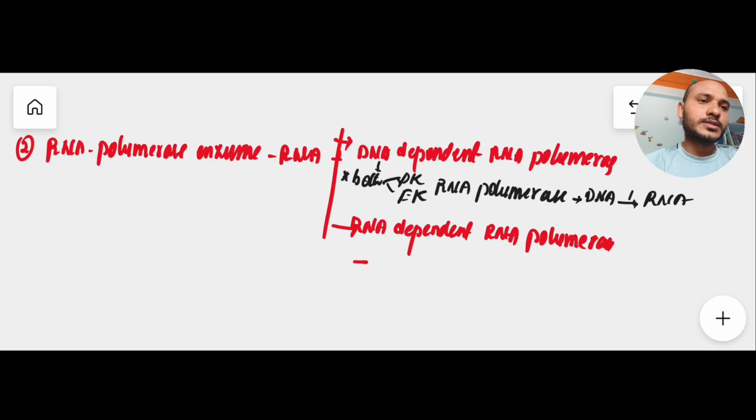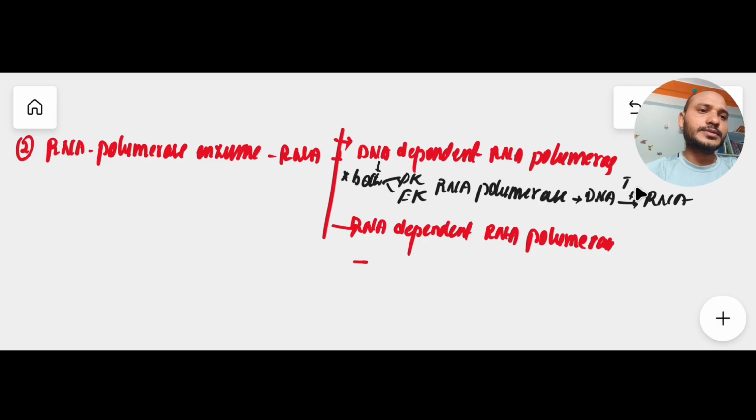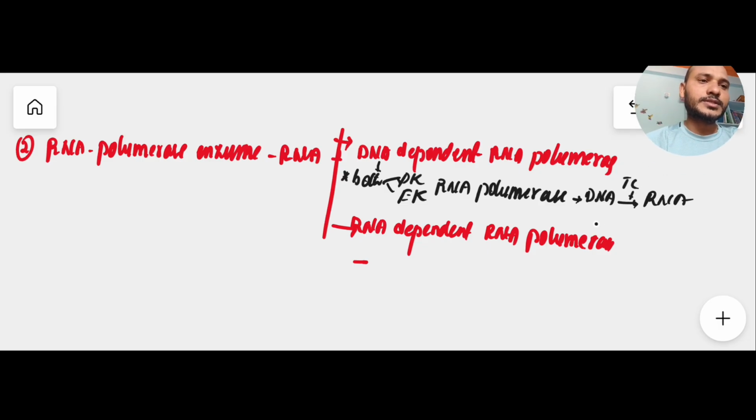So this is the transcription process. By the transcription process, the DNA undergoes transcription to synthesize RNA. Hence this DNA dependent RNA polymerase is also called transcriptase enzyme. So in the presence of transcriptase, there is a synthesis of RNA from the DNA.